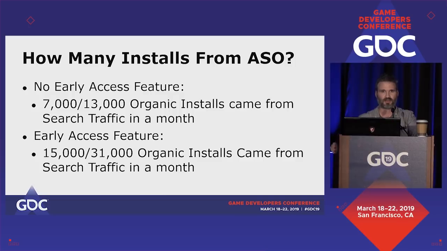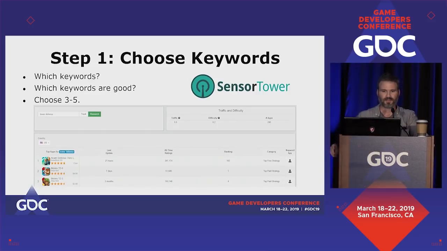Search and ASO installs are the most valuable users that I've acquired in my game in open beta. So they are every bit as valuable as users that I've acquired via user acquisition, and they're significantly more valuable than organic users, particularly when you start looking at early access featuring, which means you get a lot more traffic.